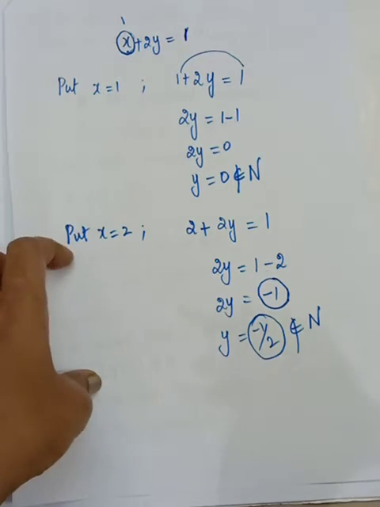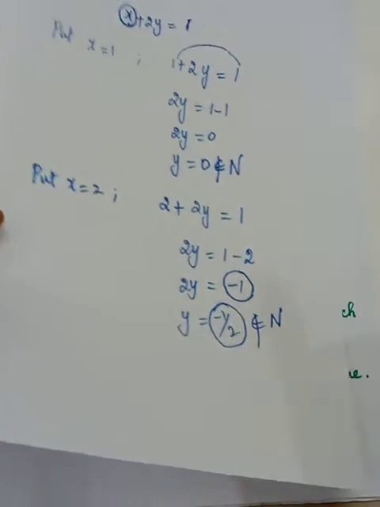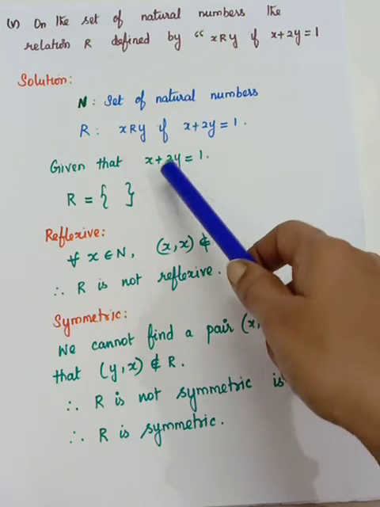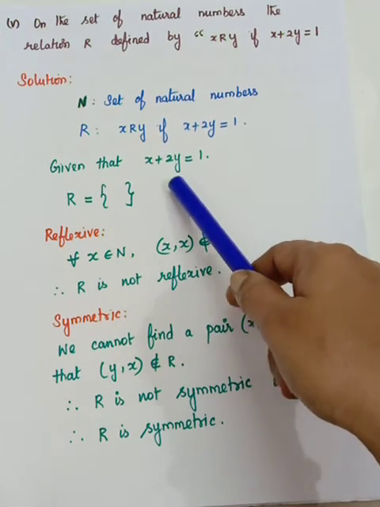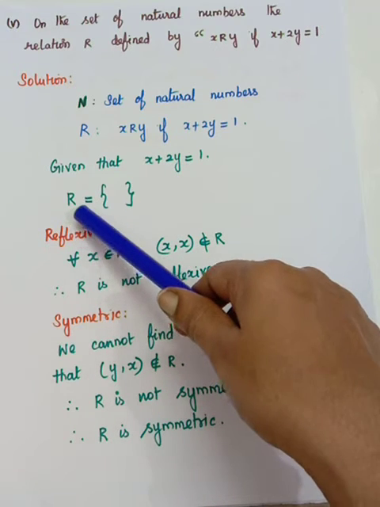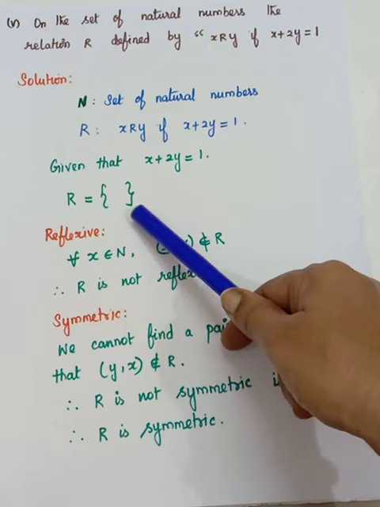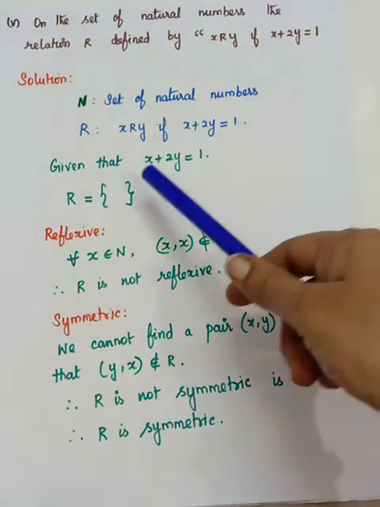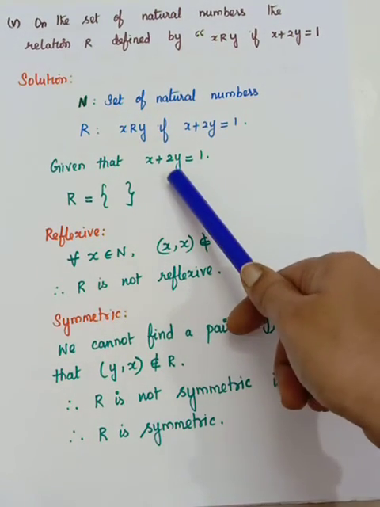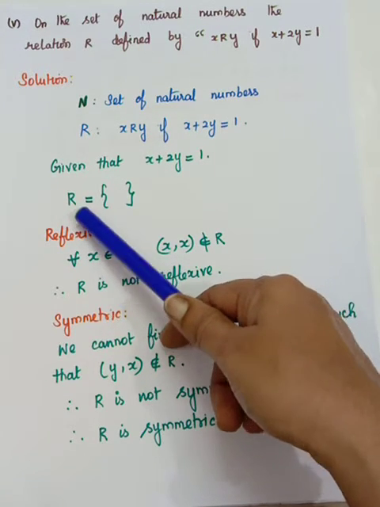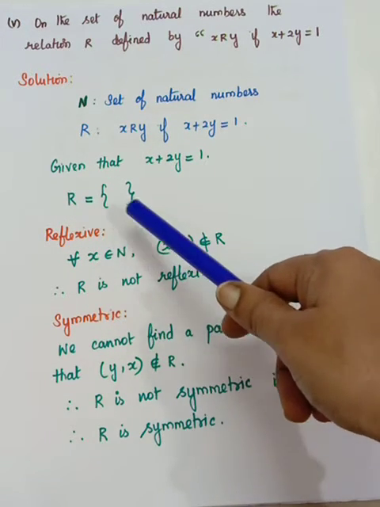So no pairs, no elements, no natural number satisfies this condition. So here the relation is an empty set. No ordered pair satisfies this condition. So R in that relation is an empty set.